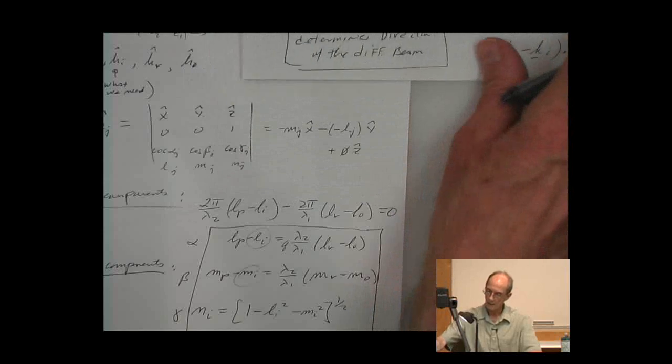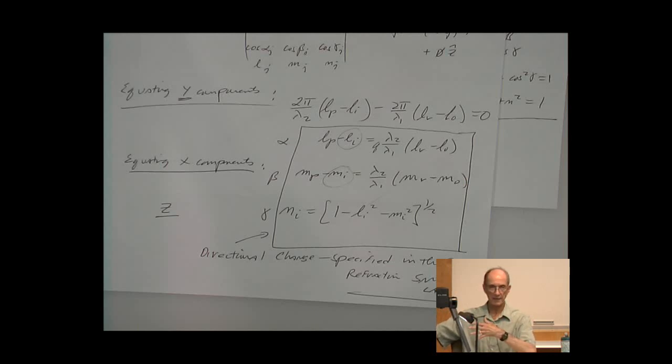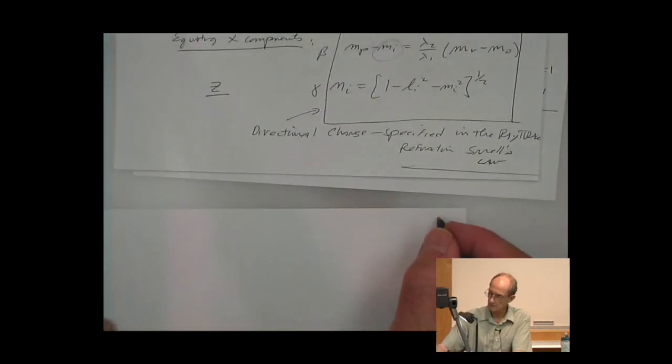All right, so just like in ray tracing, you have refraction, and then you have transfer between two planes. So this is part of the ray trace solution. We still need the transfer relation, though, right?